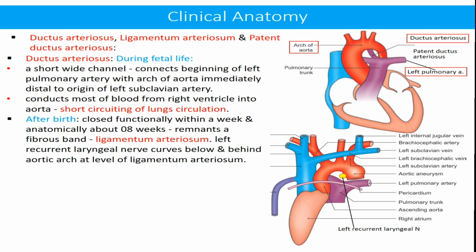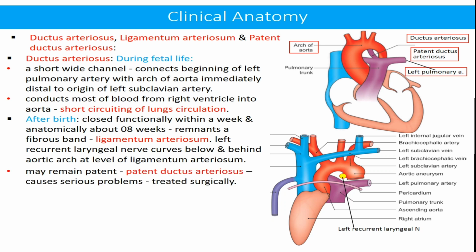Left recurrent laryngeal nerve curves below and behind aortic arch at the level of ligamentum arteriosum. In some of the cases, the ductus may persist. Then it is named as patent ductus arteriosus, which is a serious clinical problem and is treated surgically.